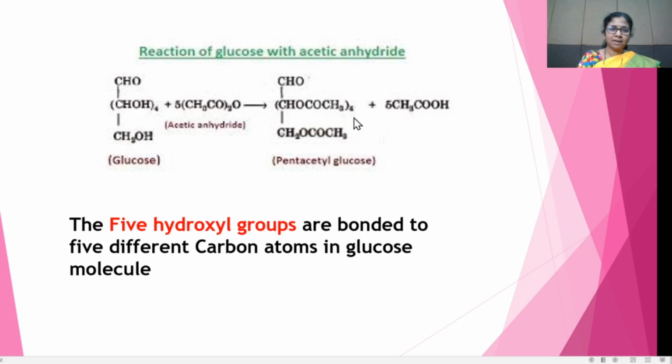The formation of penta-acetyl glucose indicates the presence of 5 hydroxyl groups, and these 5 hydroxyl groups are bonded to 5 different carbon atoms in the glucose molecule.